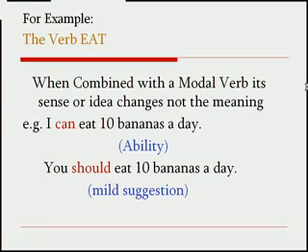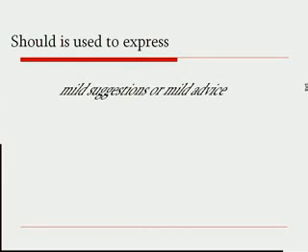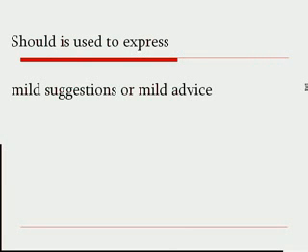Here should changes the sense of the verb eat into a mild suggestion, a soft advice. So should is used to express mild suggestions or mild advice, or you can say soft advice.